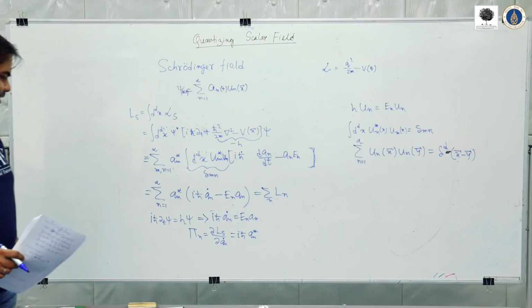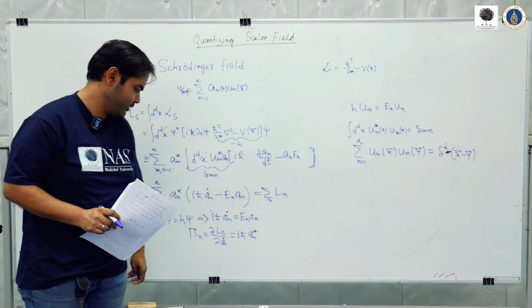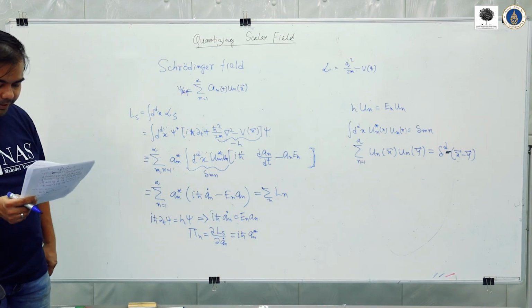So essentially you can see this a_n star is a canonical conjugate of a_n. So they form a canonical pair.